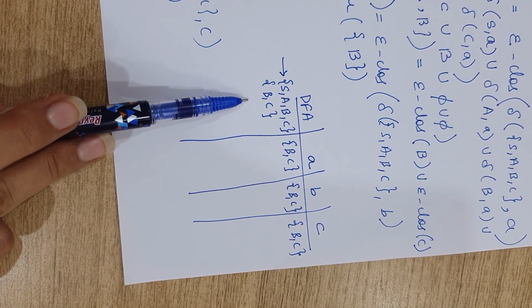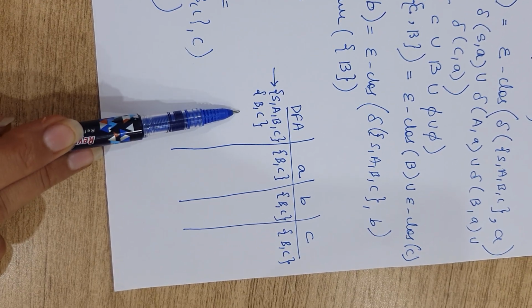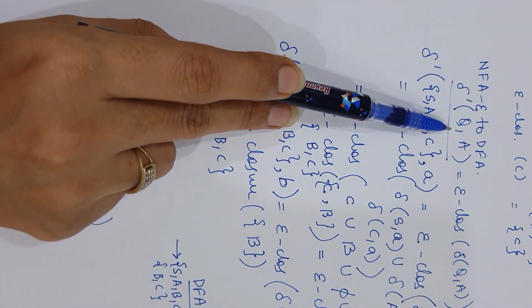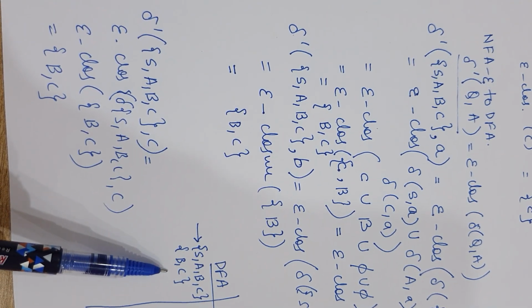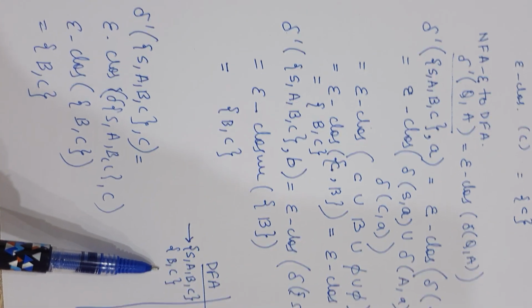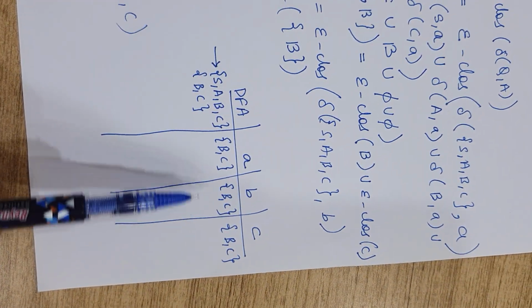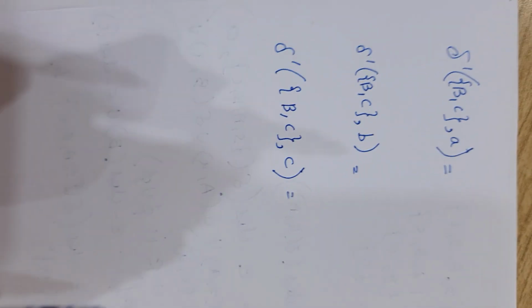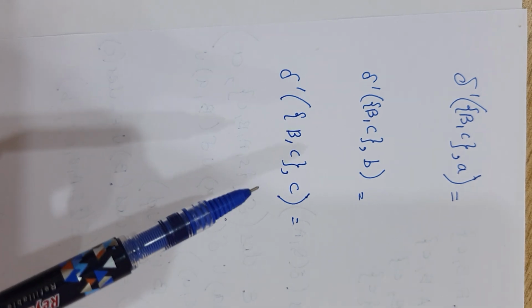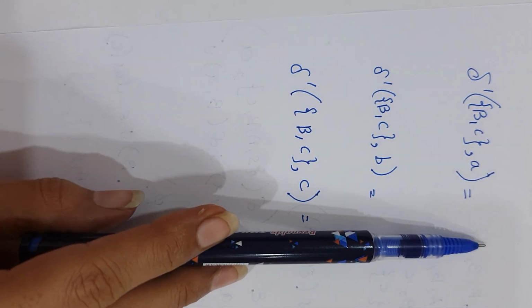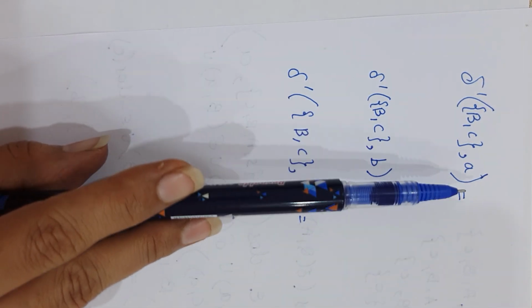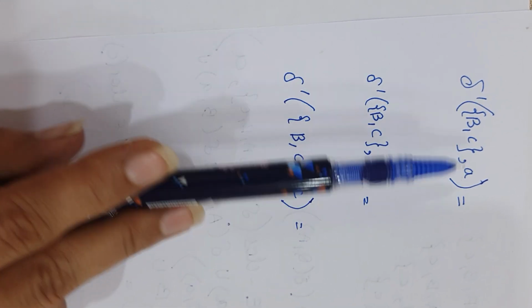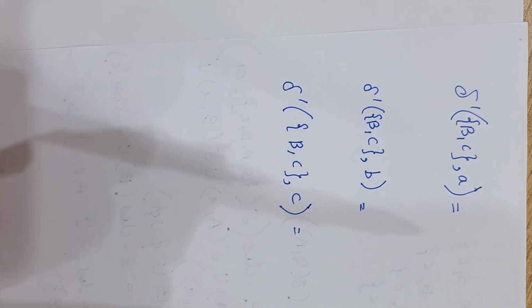Now our Q value will be this new state which is BC. BC will be processed with all the three symbols A, B and C. So next we'll be finding these three values. We'll write epsilon closure of BC with A, find the transitions from the NFA and find the closure values.